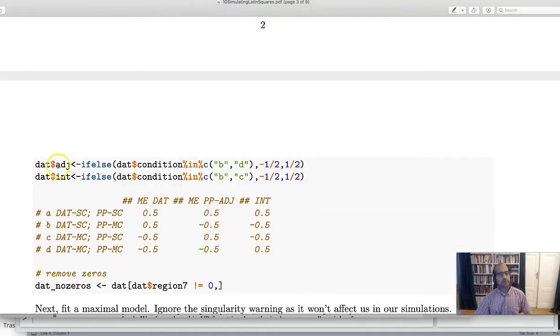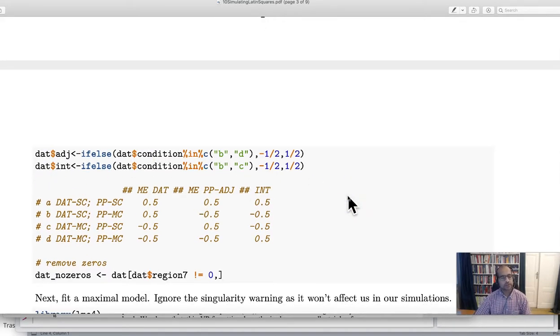The second factor was called adjunct, ADJ, and B and D constituted one of the levels of the factor. So you have to be careful about which conditions represent which levels of a factor. Okay, and then the interaction was this thing here.